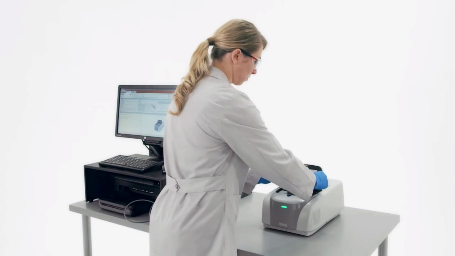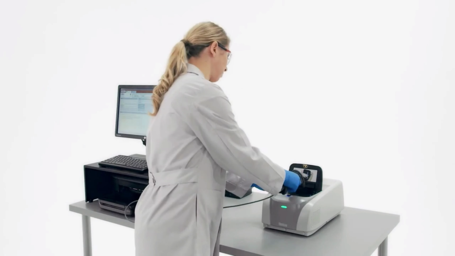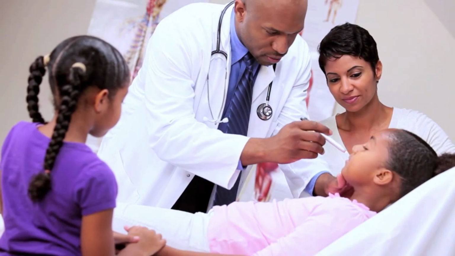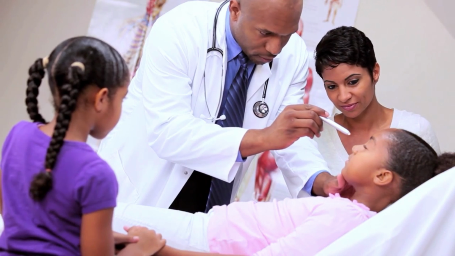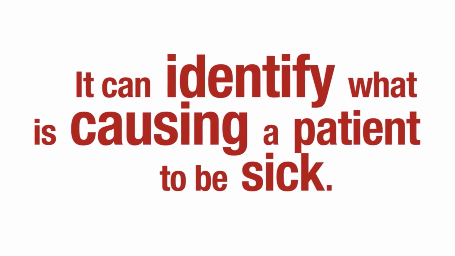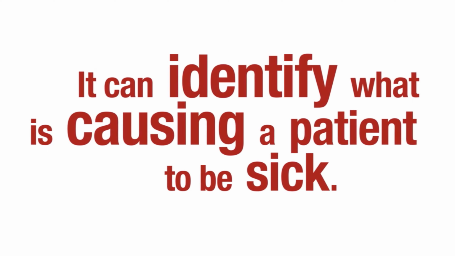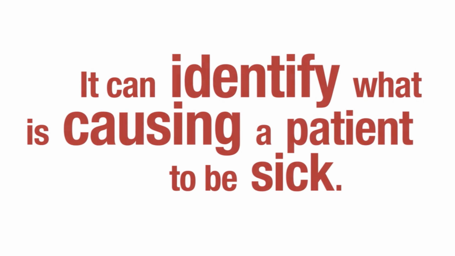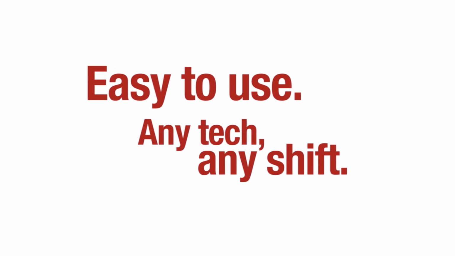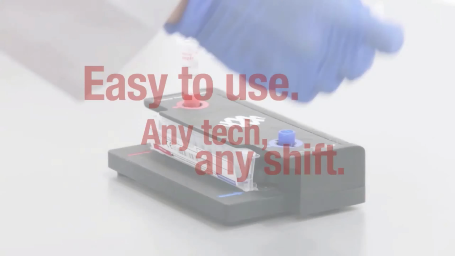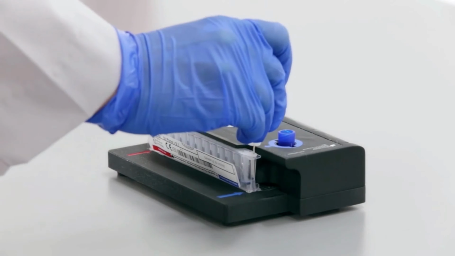The quick turnaround time for film array is an incredible asset because it lets us have an immediate impact on patient care. You have a patient in front of you, they're critically sick, and you want to know what they have. The main advantage of the film array is that it can identify what's causing a patient to be sick and get them on the right treatment quickly. Very, very quickly, we know exactly what to do with that particular patient. With one film array system and multiple panels, it's so easy for the laboratory to make a diagnosis for many different syndromic types of illnesses.